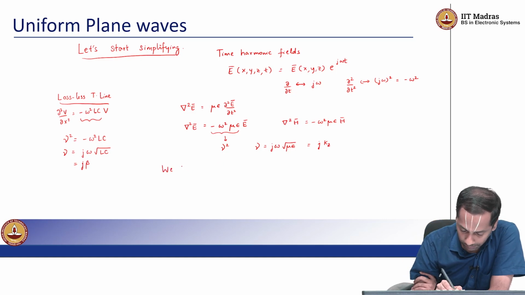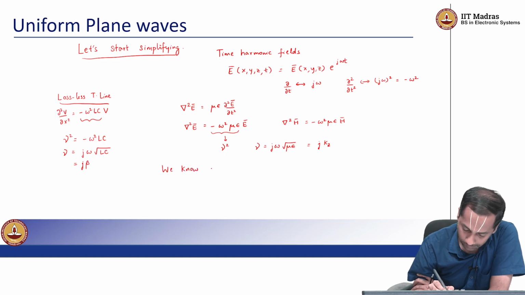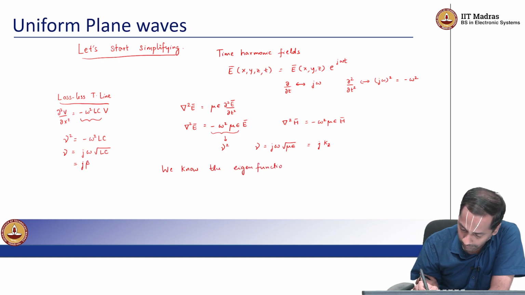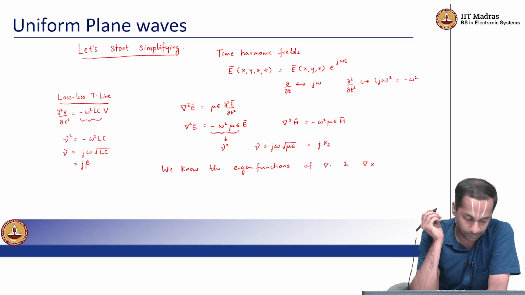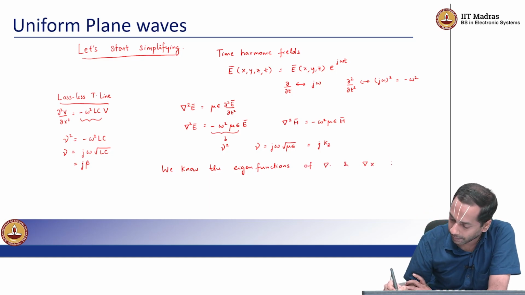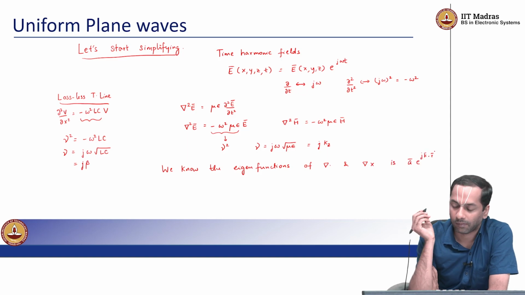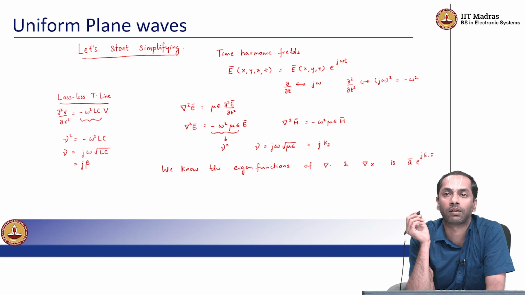So we know the eigenfunctions of del dot and del cross are given by A e to the j k dot r, where A and k were arbitrary but known constants.